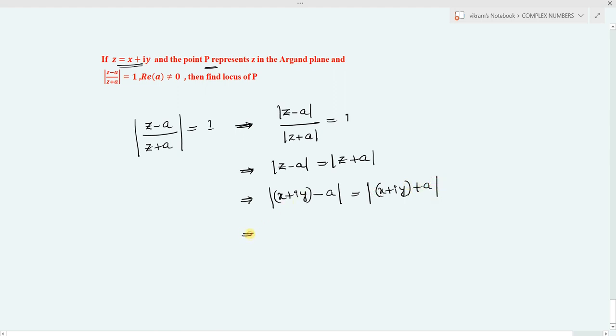Now separate the real and imaginary parts. Modulus of (x minus a) plus iy equals modulus of (x plus a) plus iy. Now we have a real part plus an imaginary part.